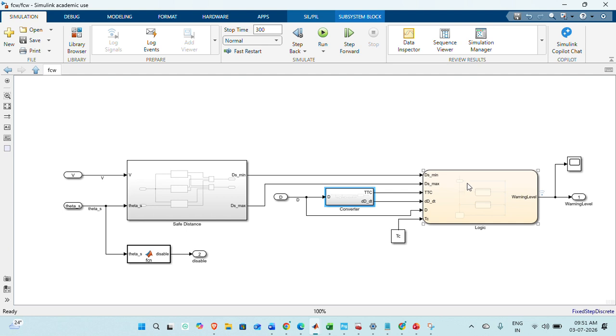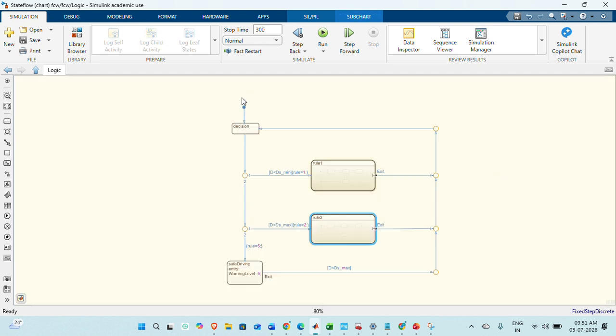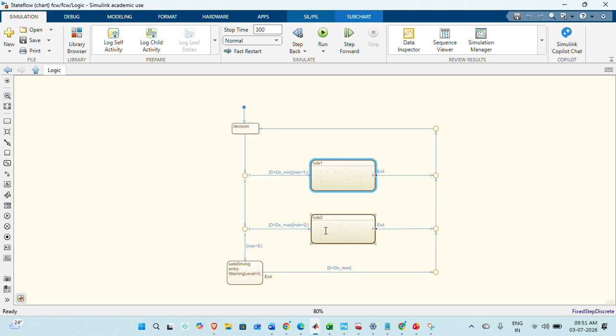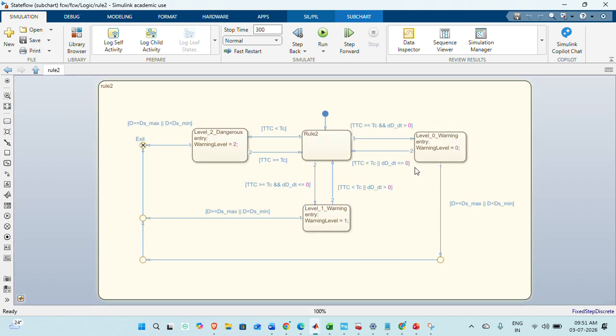Further, we have our logic algorithm, which is implemented in Stateflow, which is very identical to the algorithm implemented in the research paper. Rule 1 consists of warning levels 1, 2, and 3, and rule 2 consists of warning levels 0, 1, and 2.